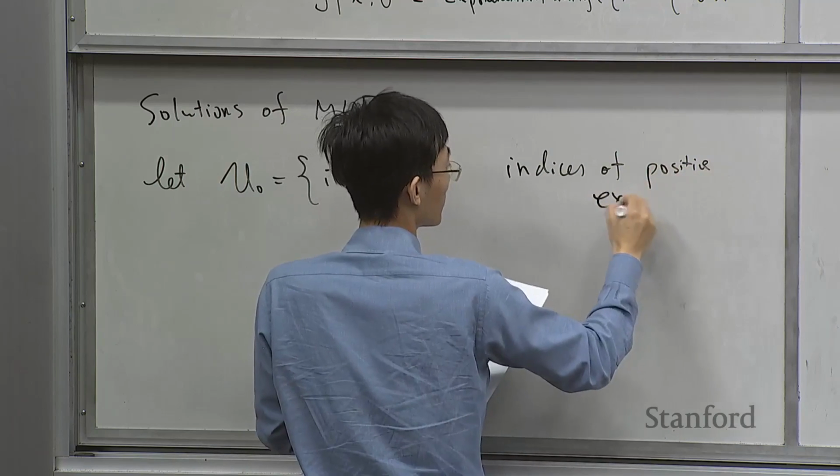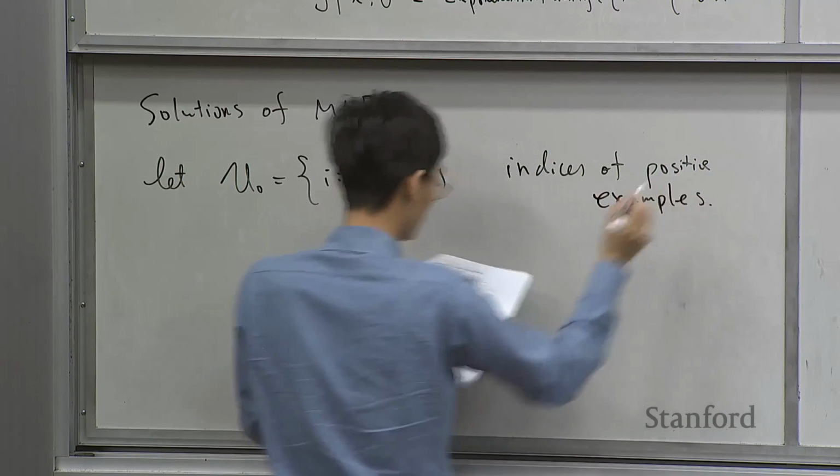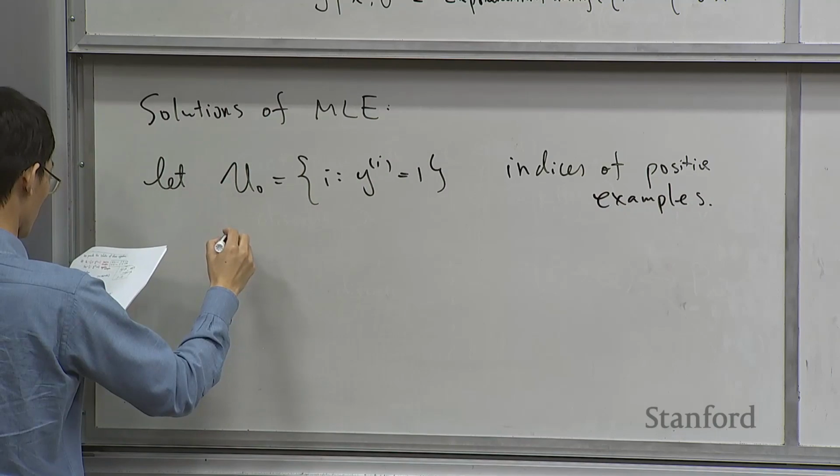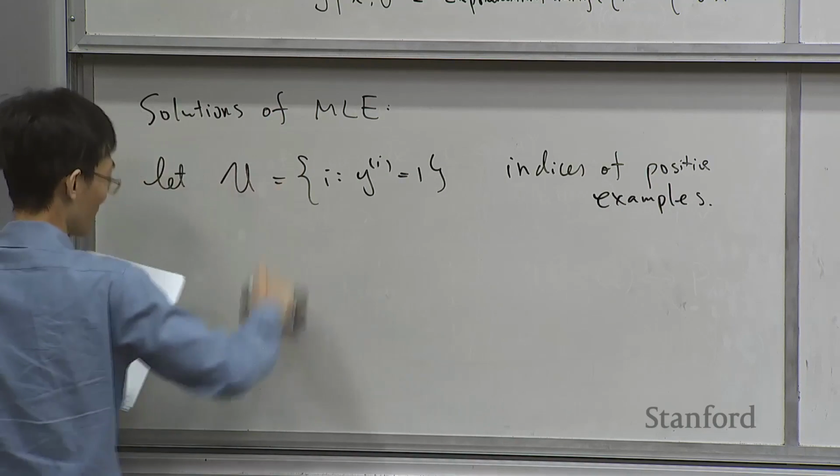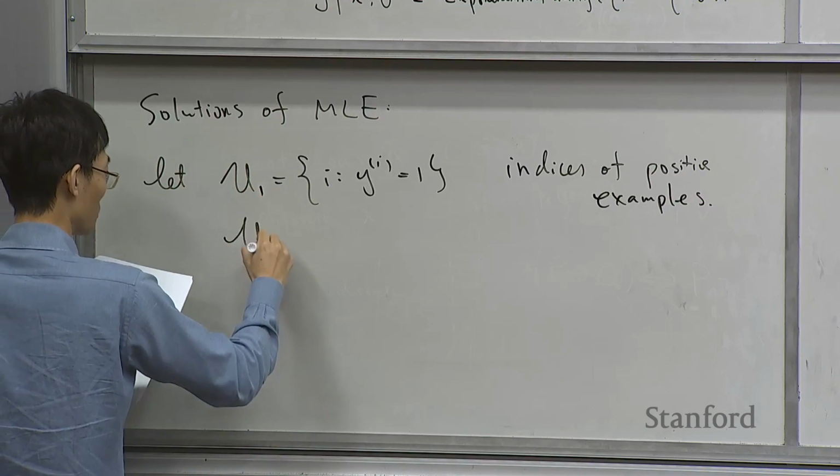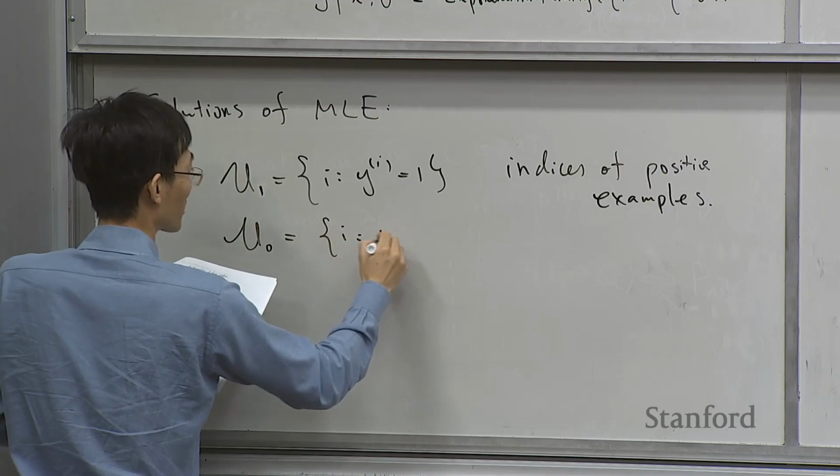Wait, my bad. This is U1. U0 is the indices of negative examples.